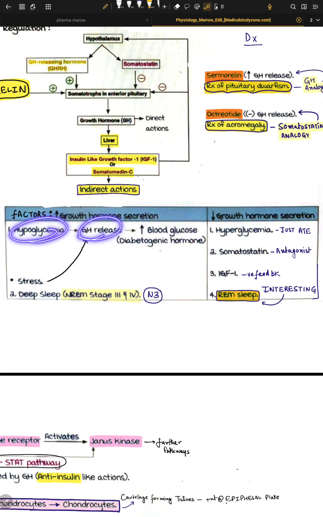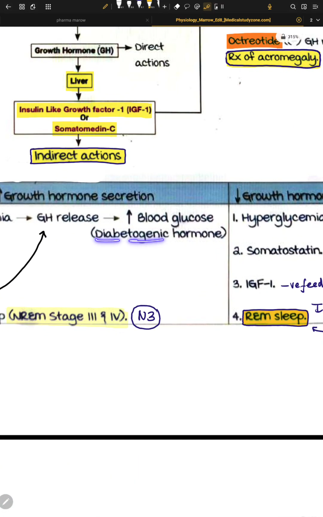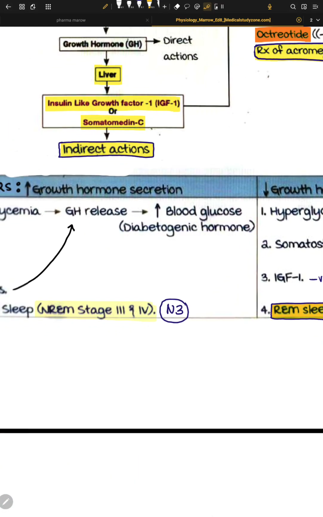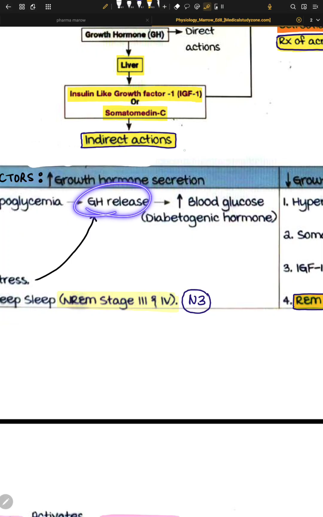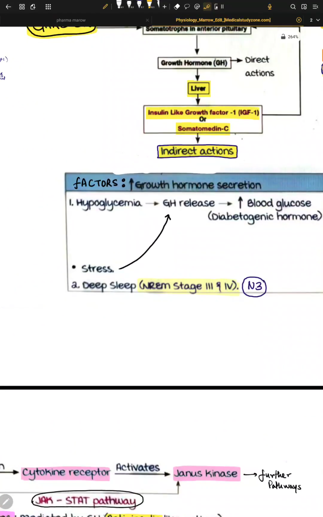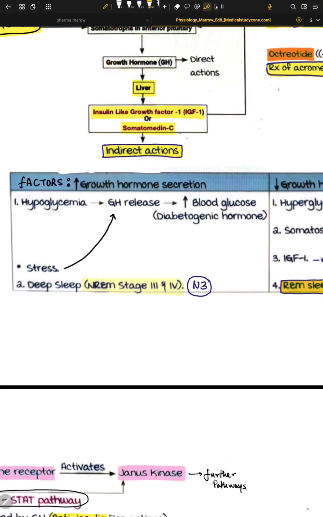That's why growth hormone is called a diabetogenic hormone. If you keep pushing GH into your body exogenously, it can lead to diabetes mellitus, so try not to mess with growth hormone as steroids. Stress can also release growth hormone, and this can also be diabetogenic.